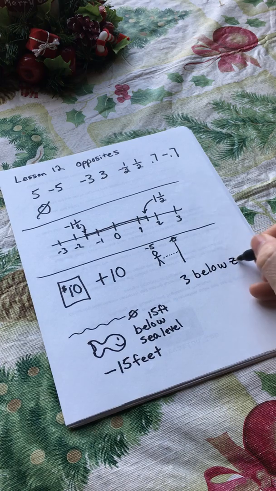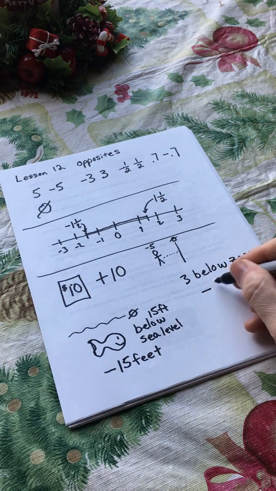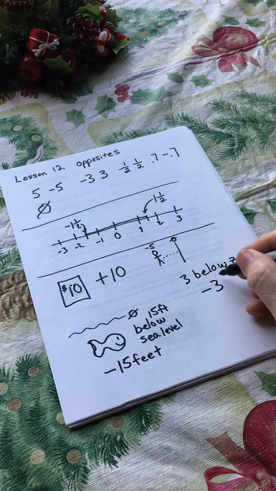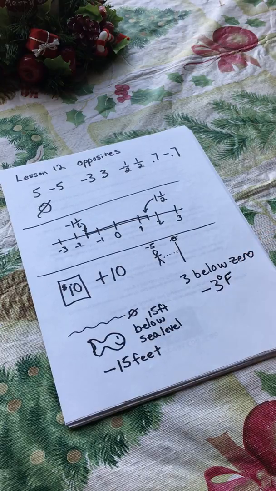All right. Well, that would be -3 degrees Fahrenheit, right? -3 degrees. That's 3 degrees below 0.